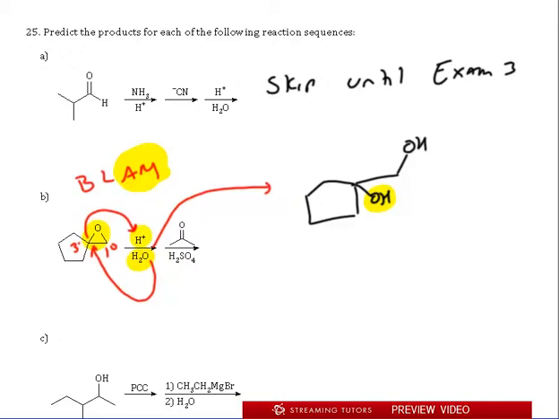Now what we did is we simply opened this up from an epoxide to a dialcohol, and now we're adding a ketone in. This is this semester's new material. We were told that the carbon that has the carbonyl can be attacked by oxygen, and if it's an alcohol, it's attacked twice.